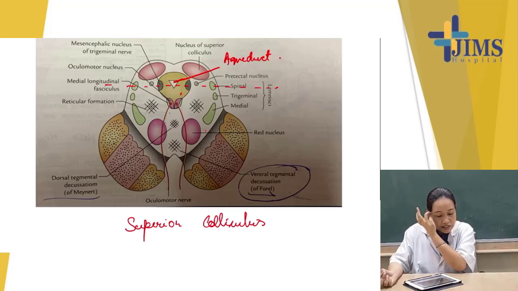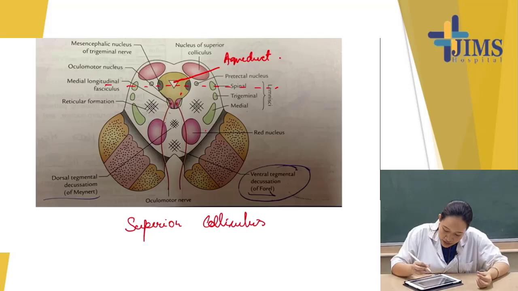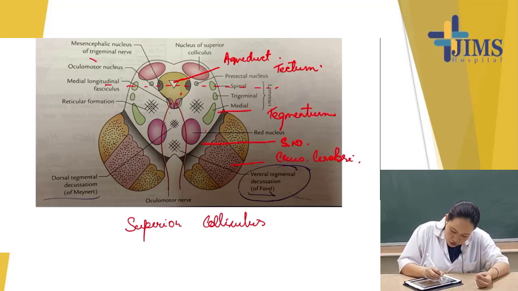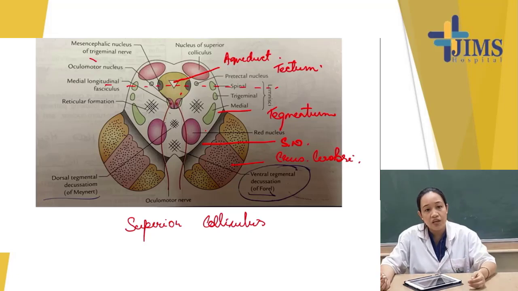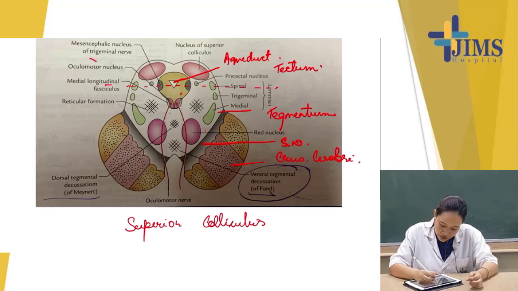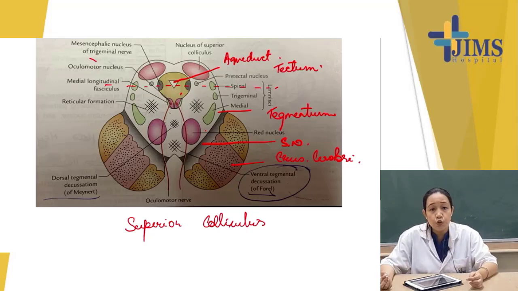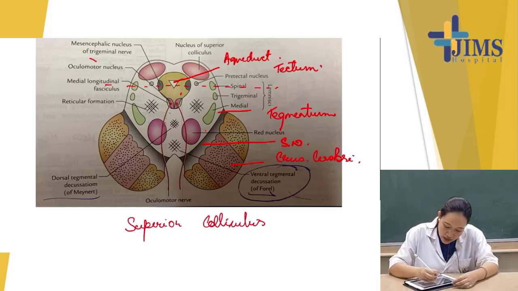So the deep origin here is located in the grey matter. On which part of the grey matter? On the ventromedial part of the grey matter we can see the oculomotor nuclear complex, because there are many different nuclei, like the dorsolateral nucleus, the intermediate nucleus and so on. So it is known as the nuclear complex.